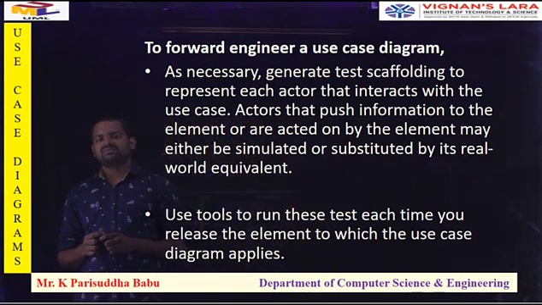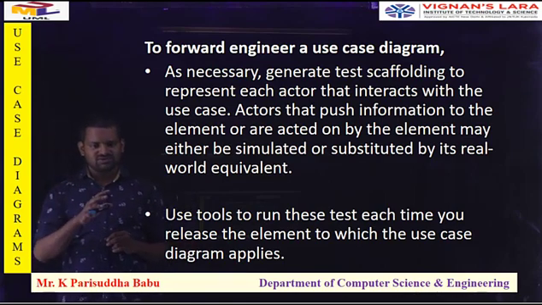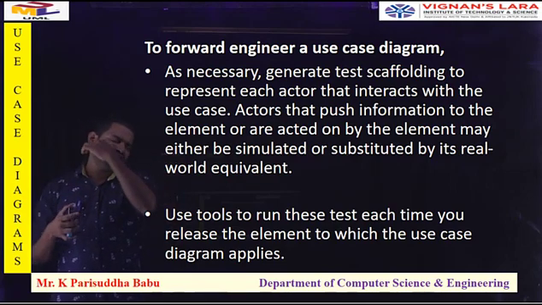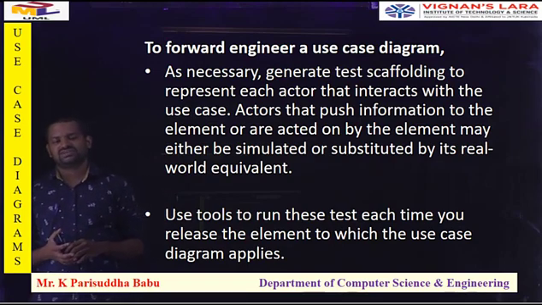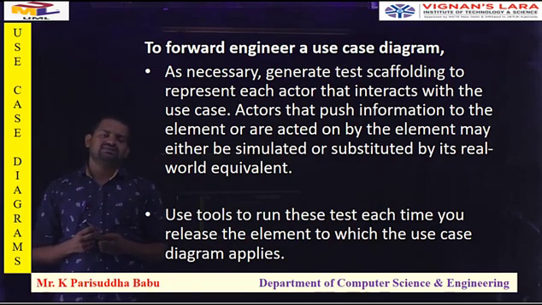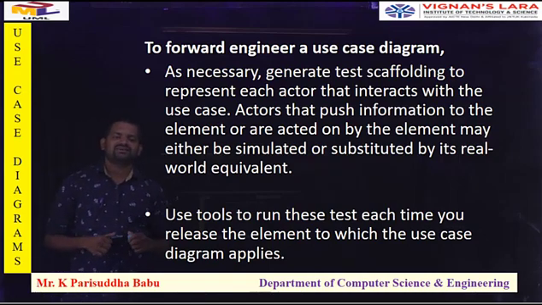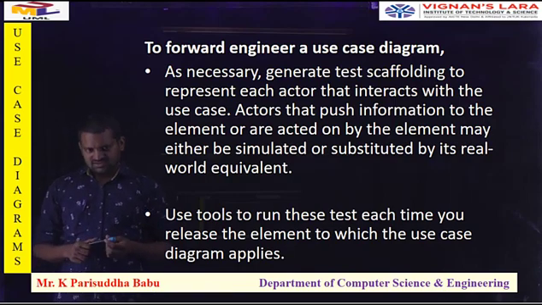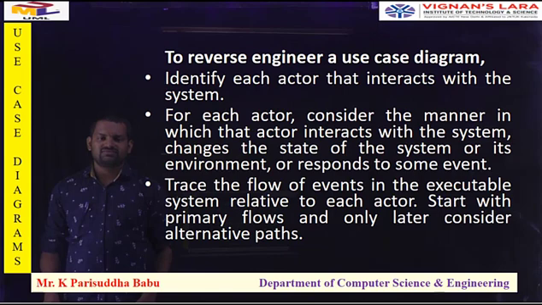If we find many actors, we have to check whether those actors perform in the real world with equal information while mapping actors to use cases. Use different tools to run these tests each time you release the element to which the use case diagram applies.